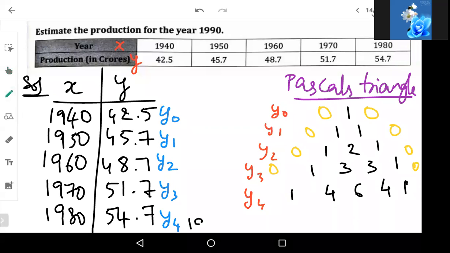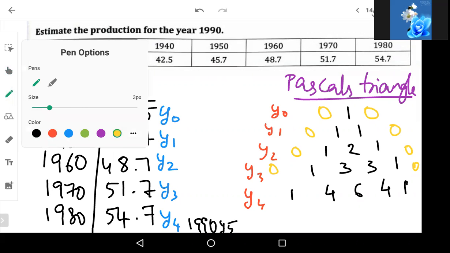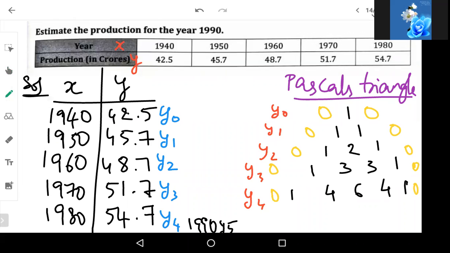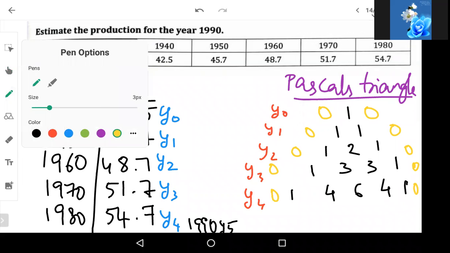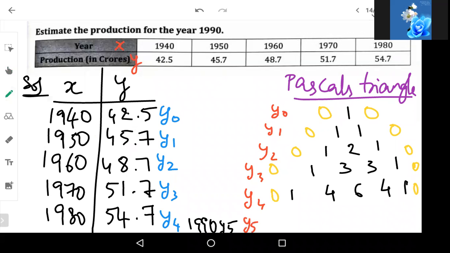For 1990, we have to find out. Correct? Now, including 1990, we have Y5. So which means we are supposed to add one more level under this, which will be Y5.